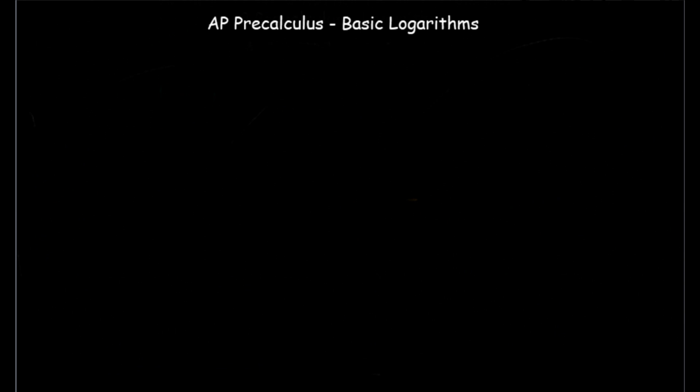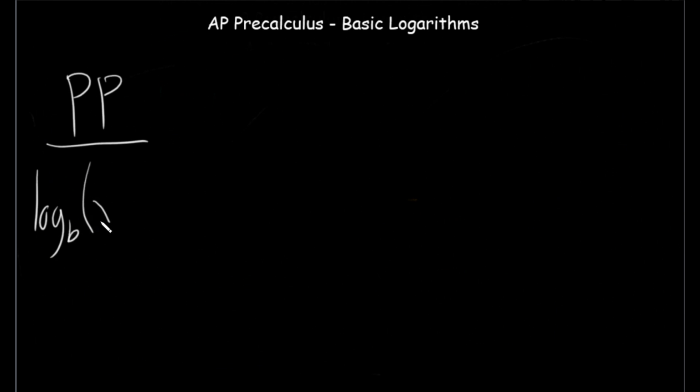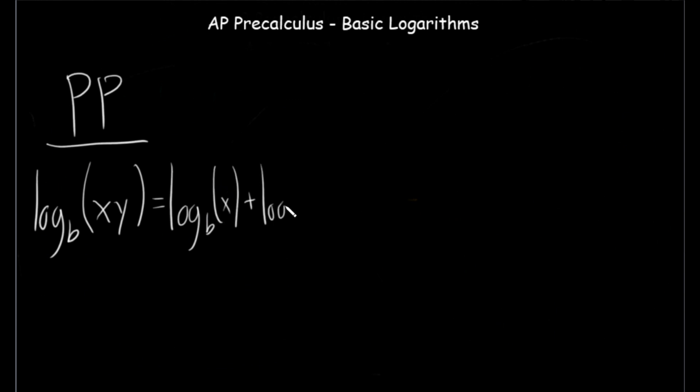Okay, so first off, we have the product property, which is basically saying log base b of xy equals log base b of x plus log base b of y. So let me show you an example of this.